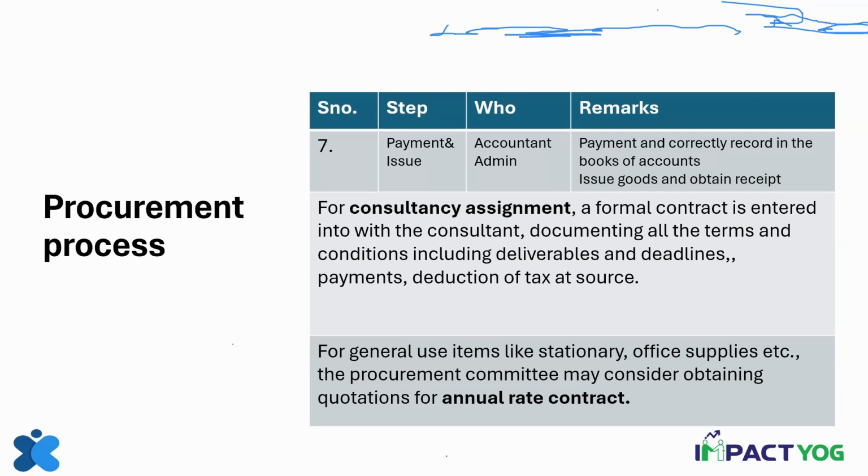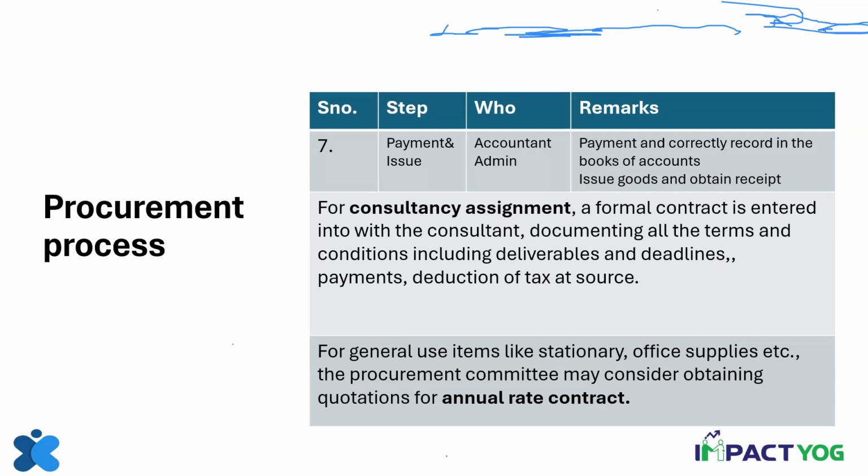For that, you can have an annual rate contract. Suppose you want some kind of standard printing to be done, you can have an annual rate contract with the printer. You want to buy various stationery items, you can do an annual rate contract. Similarly you can do an annual maintenance contract for various items in your office.